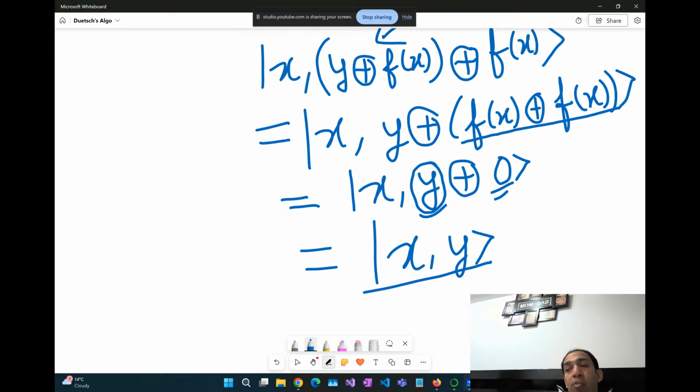Now, the purpose of doing all that mathematics was that, the way we have written this circuit, and the way the matrix has been written for the classical world, we have to write a quantum matrix for this particular circuit. When I say quantum matrix, it means it will be a 4 by 4 matrix, which will give me the combination of inputs as well as the combination of outputs for this particular function 3.